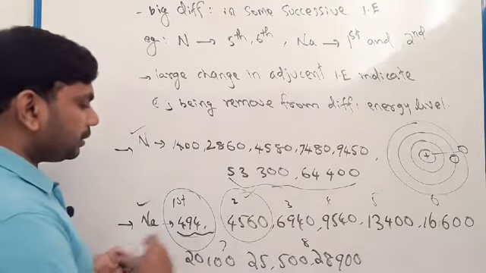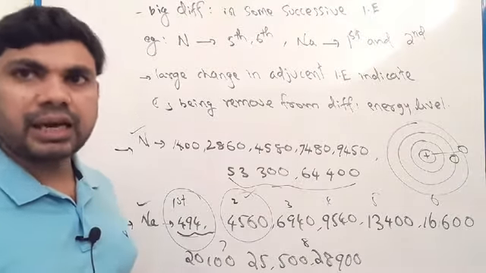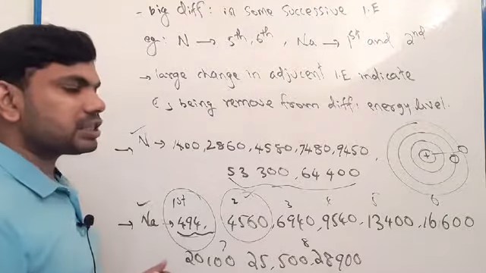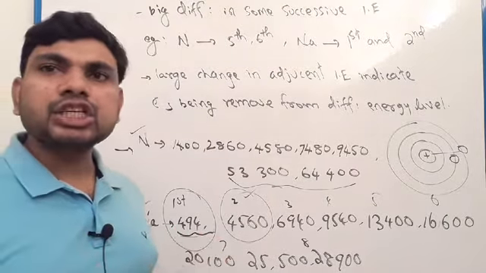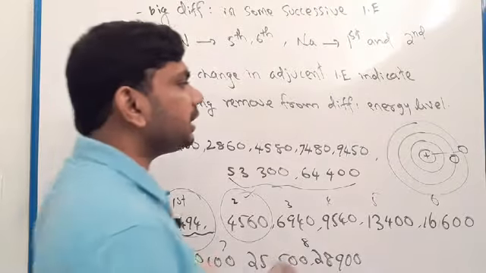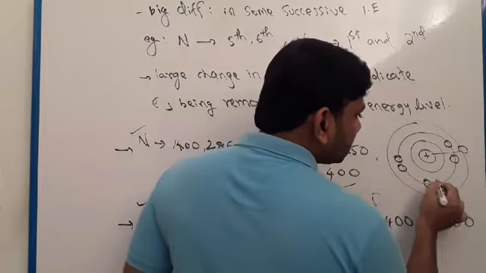Okay, here big difference mean electrons are in different energy level, but for these 8 ionization energy, there is no big difference. It indicates that these 8 electrons are in same energy level.